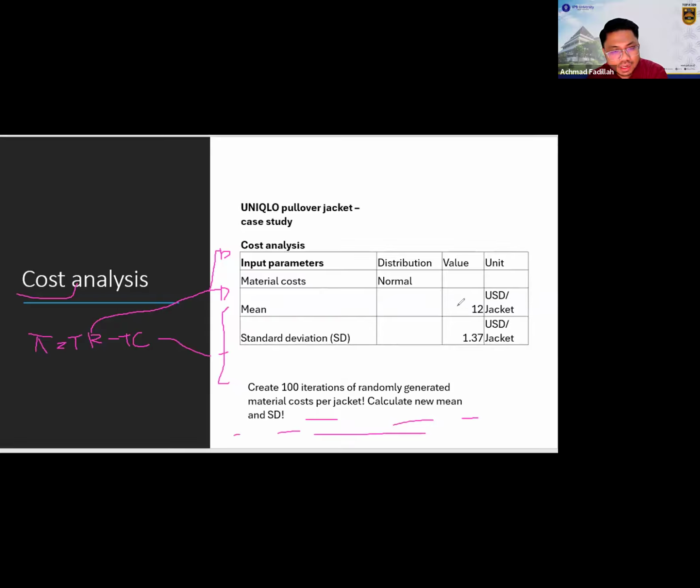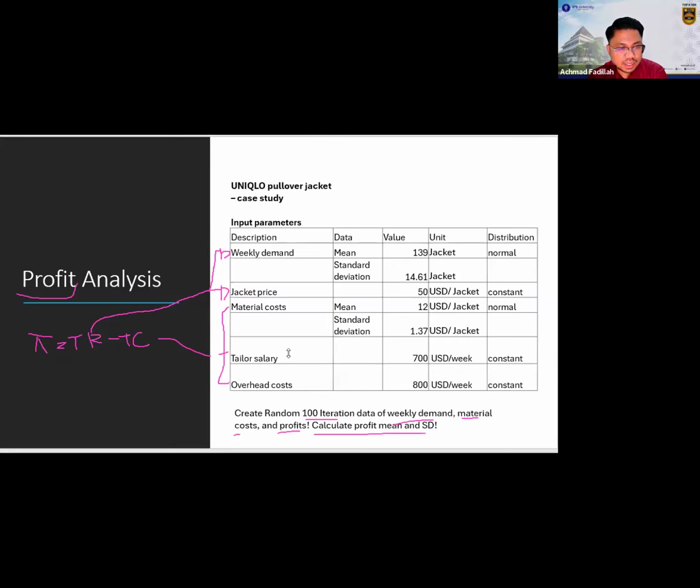They have a probability here. That's quite interesting to see. But the other cost here is constant, so it is not changed every day or during this week. And then we also have another fluctuating condition like the weekly demand.